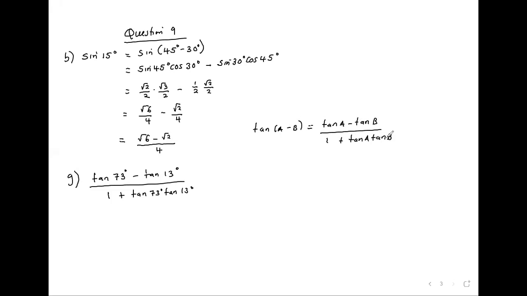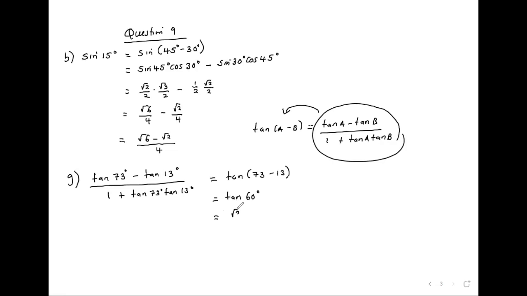So what we have is the right hand side, so we need to use the left. So this is the same as tan 73 minus 13, which is tan 60. And tan 60 is root 3 over 2 over half, which is root 3.